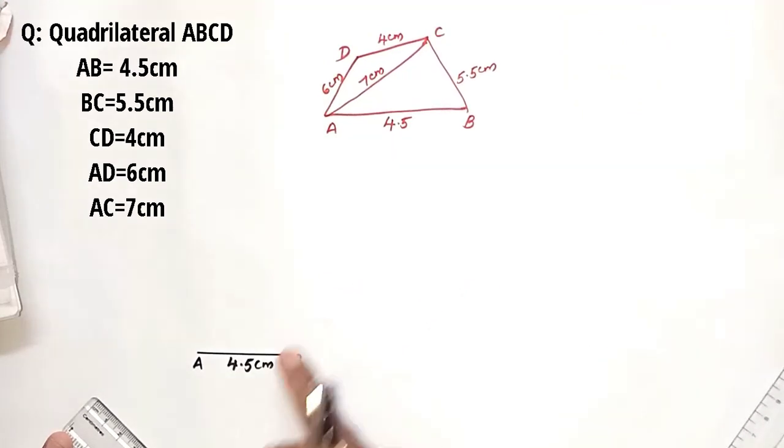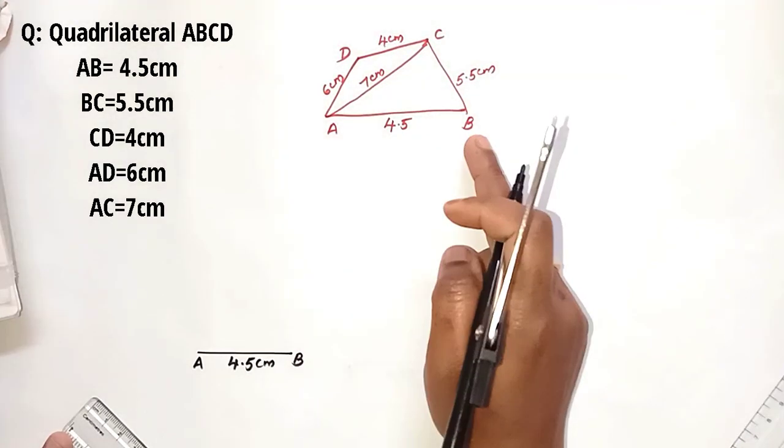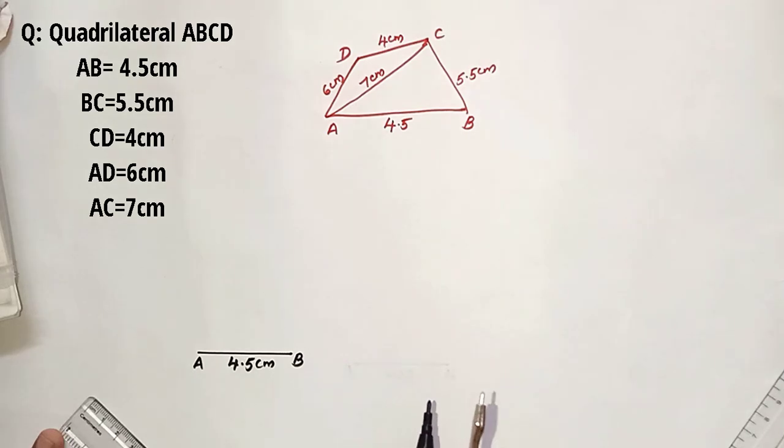So AB is given 4.5 centimeter, BC we know, and the diagonal AC also we know.